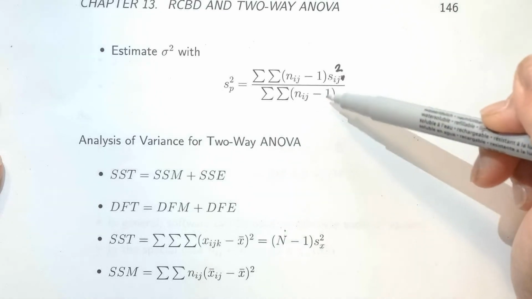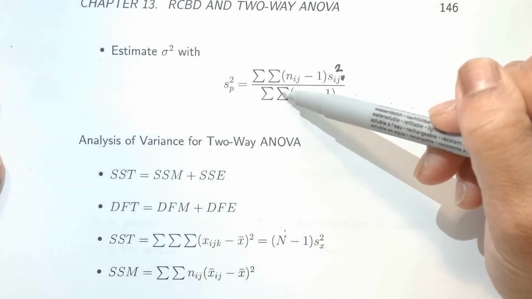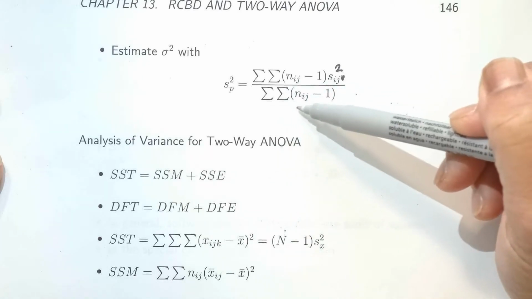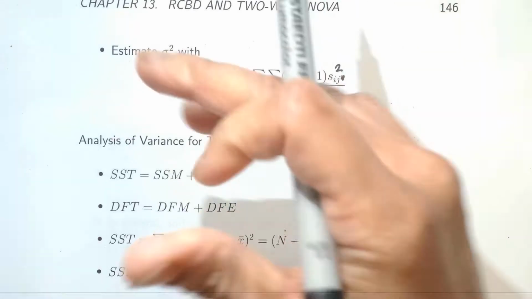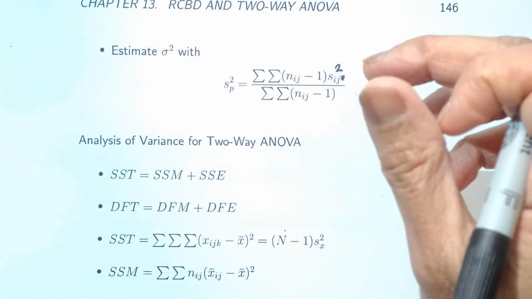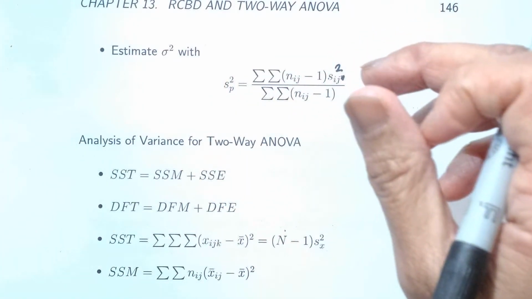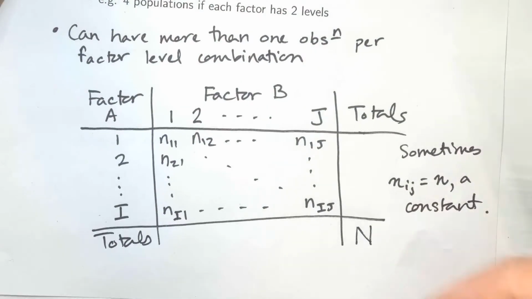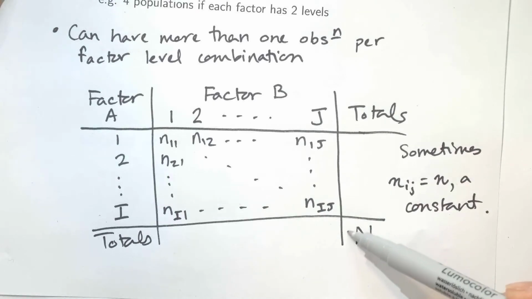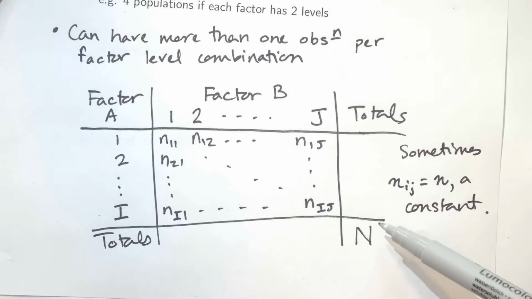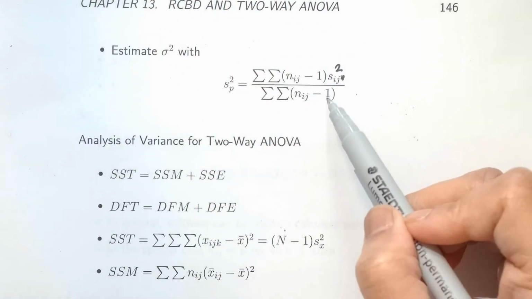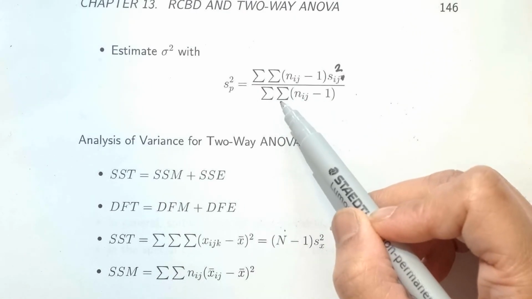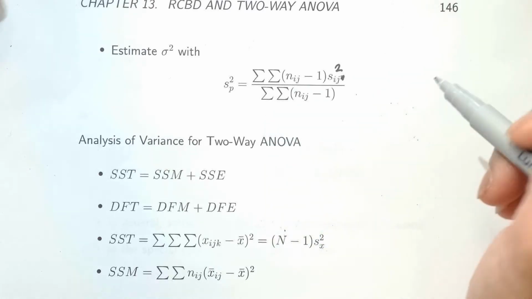If I sum all of these up, looking back at what we wrote on our first page today, if I summed up all the Nijs, I get this capital N. And then I have 1, which is a constant, and I'm going to have capital I times capital J of those.